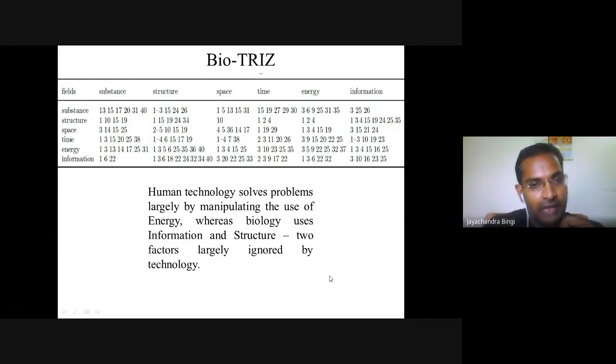Am I right? That matters because a substance will have some properties and characteristics, but how it is structured also matters, because of that structure you also get some properties and characteristics.